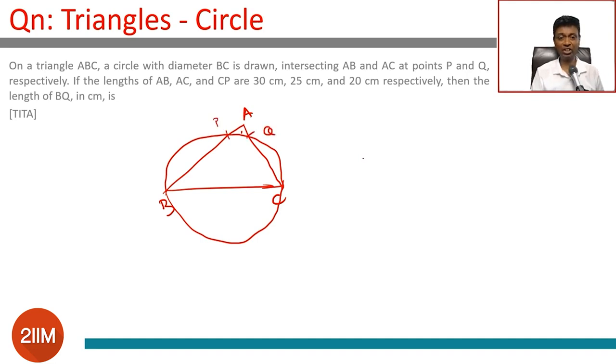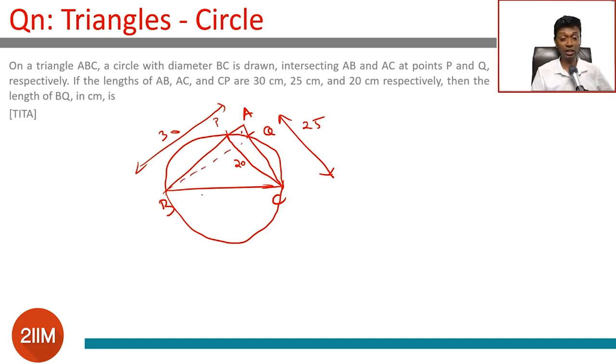AB is 30, AC is 25, CP is 20. And then we need to find the length BQ in centimeters.